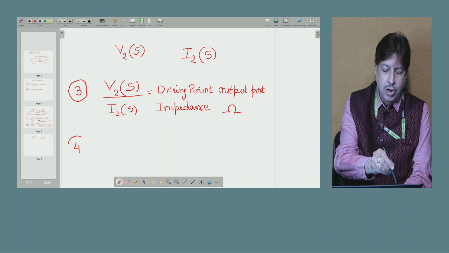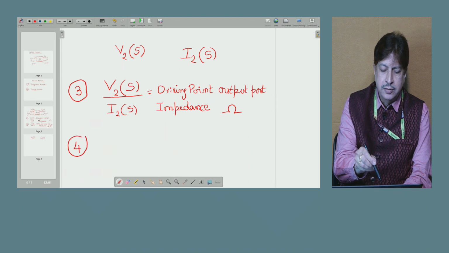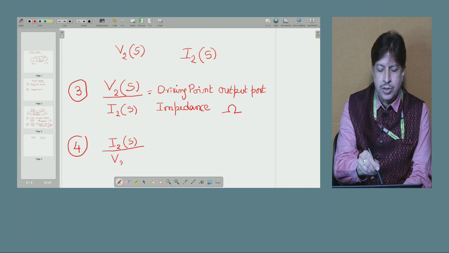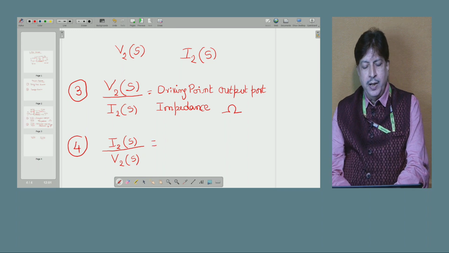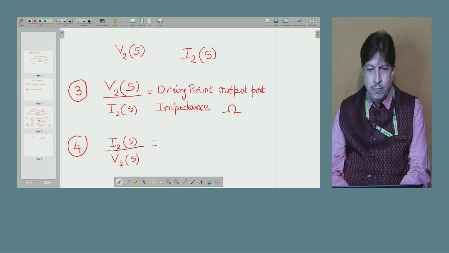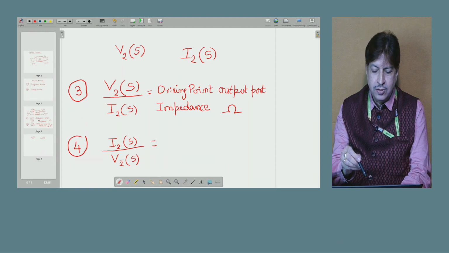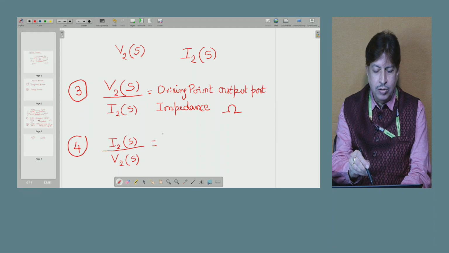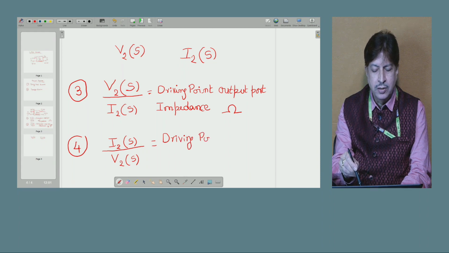Suppose on the output side, when we consider the ratio of current to voltage, it becomes driving point output port, both belong to the output side. That's why it is a driving point function.